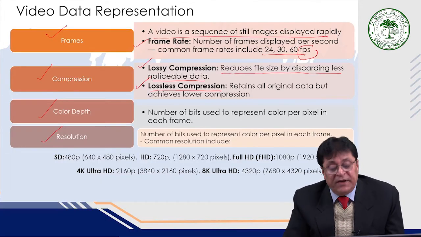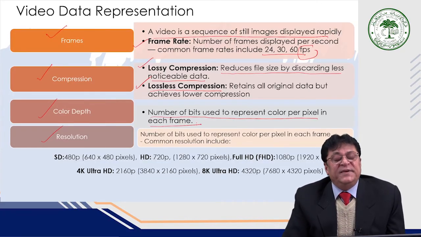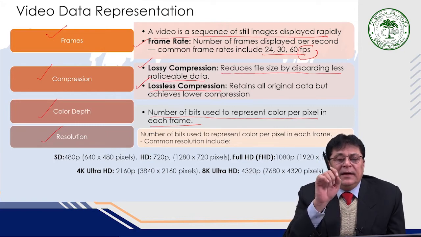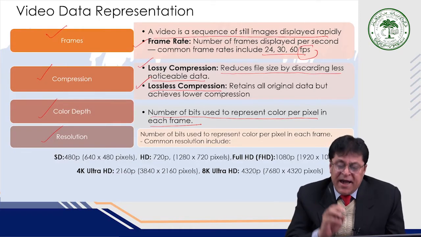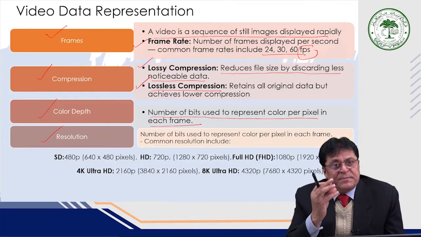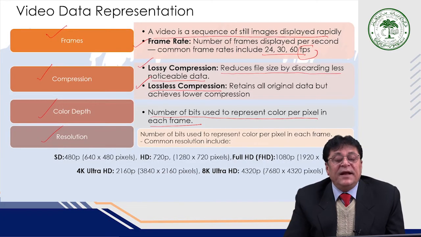Color depth, it is very important to understand this concept. As we discussed, a picture is represented with pixels. Higher the density of pixels, better would be the color, better will be the picture.